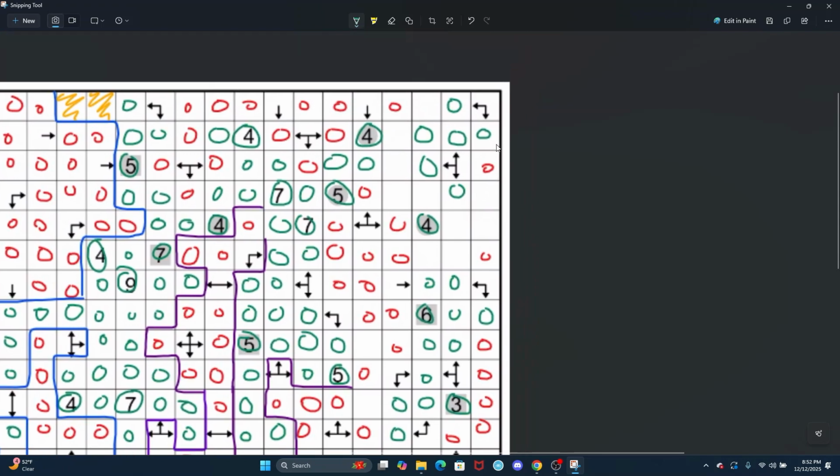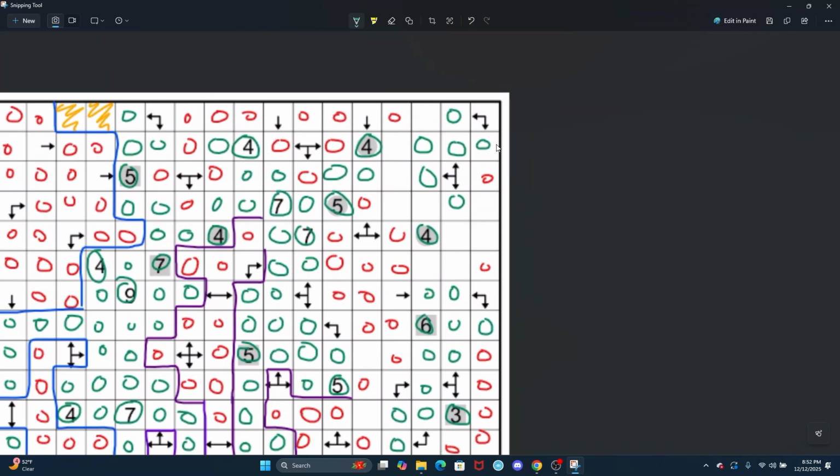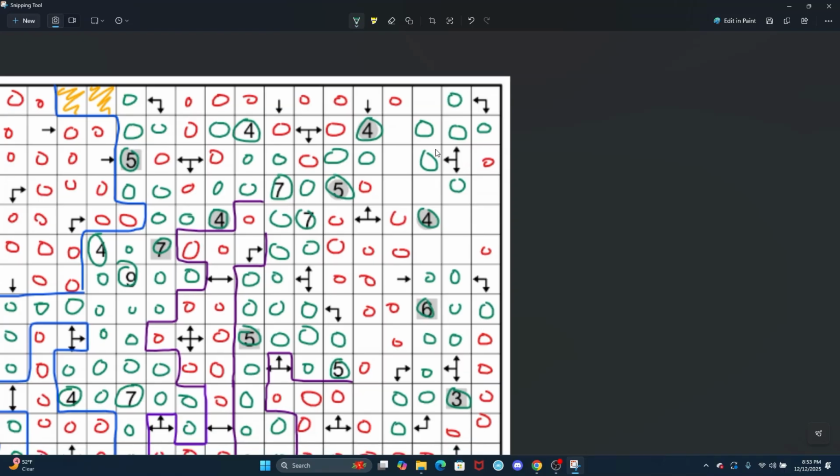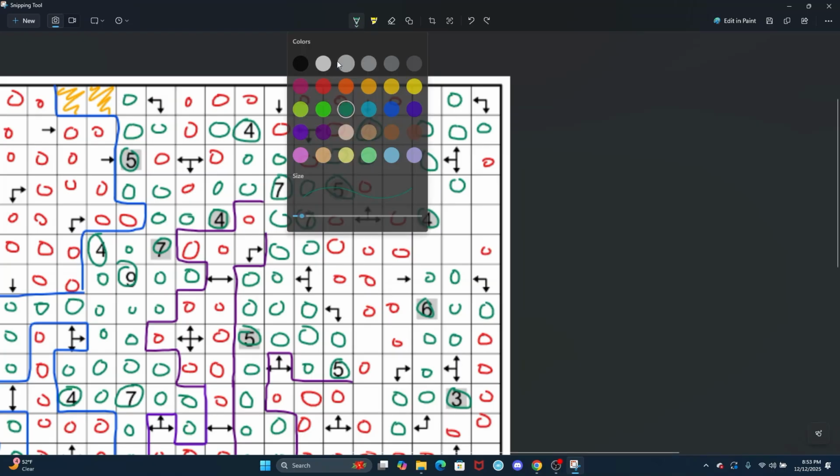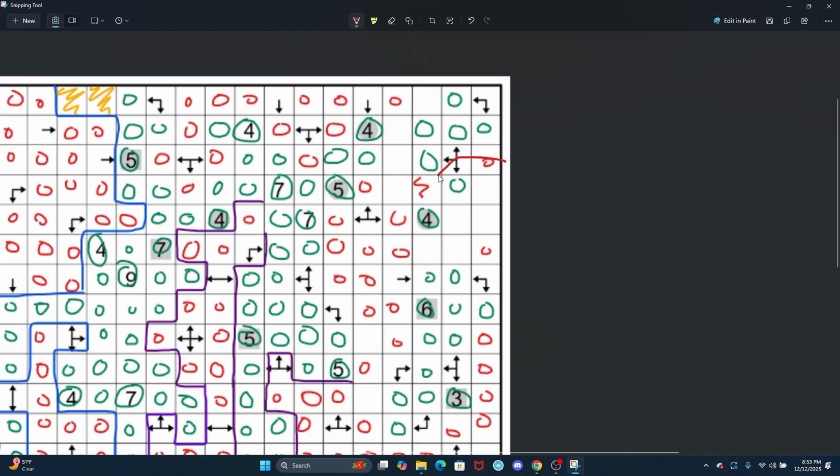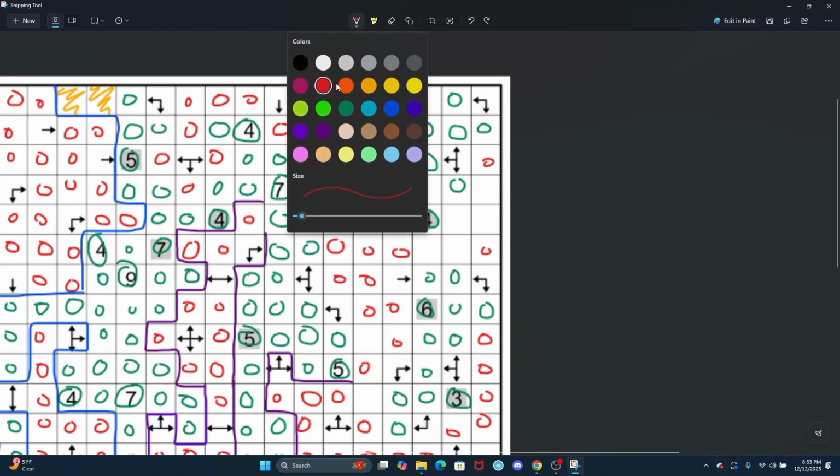Yeah, now what? I think we need this tile to be green. Otherwise, if it was red, then this would be bounded off again. Yeah.